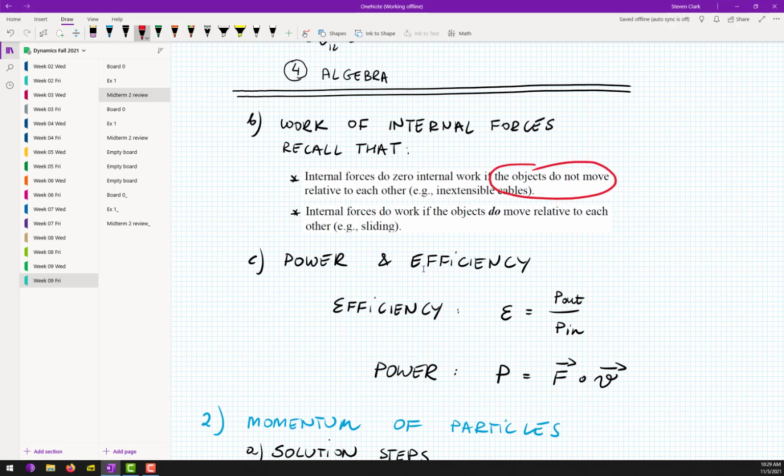For example, tension in the cables does not do any work. And when objects move relative to one another, for example, when they slide on one another, then friction between them will do some work. We solved such a problem or two, I think. Yeah, okay, that's it when it comes to work-energy.